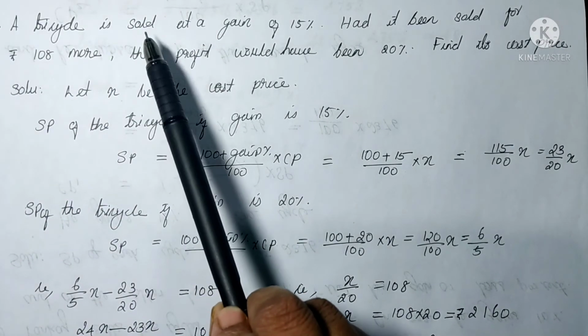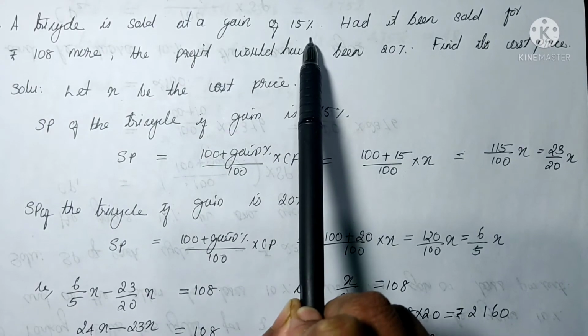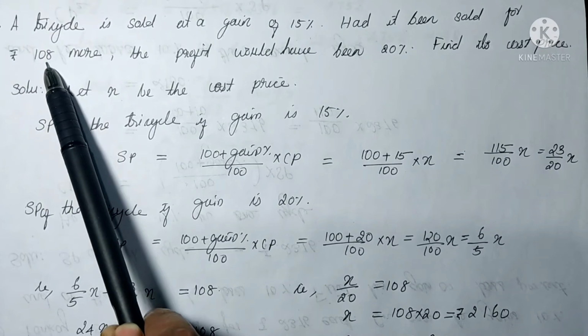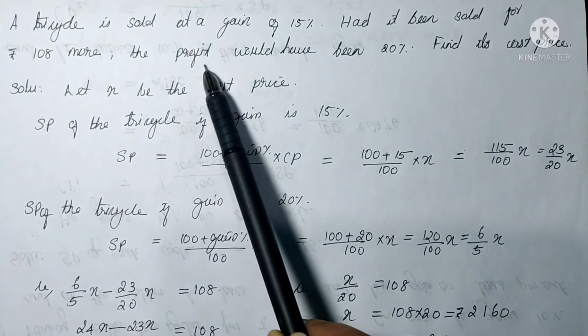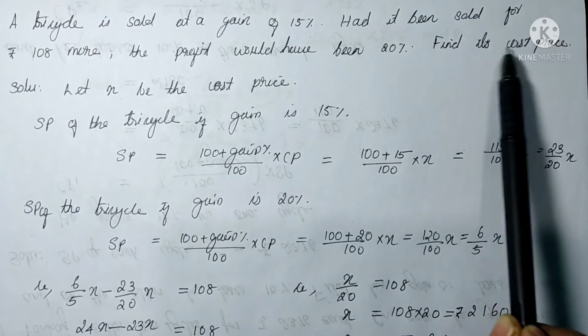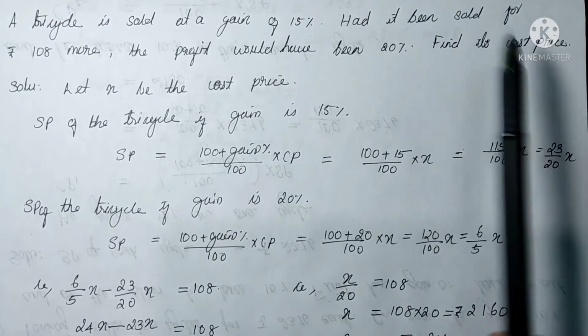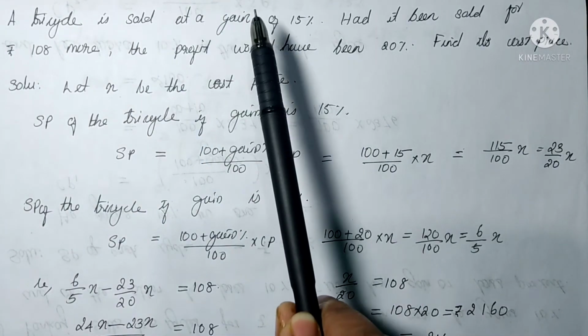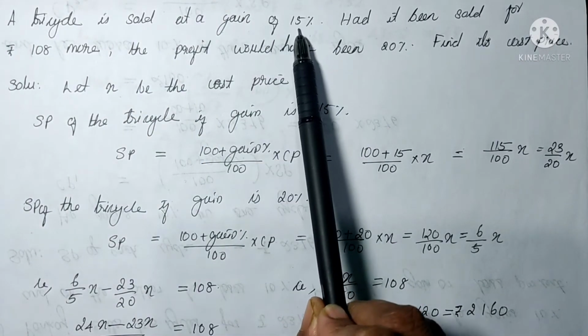Let's see question number 14. A tricycle is sold at a gain of 15%. Had it been sold for rupees 108 more, the profit would have been 20%. Find its cost price. Listen to the question once again. A tricycle is sold at a gain of 15%.